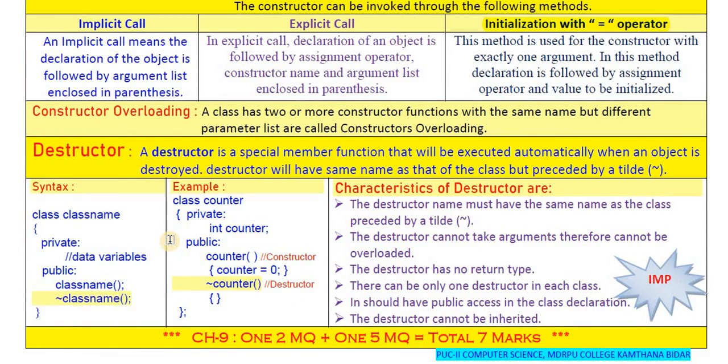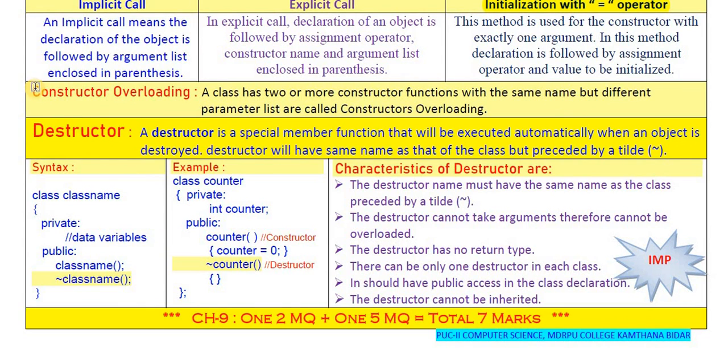Okay, then constructor overloading. So what is constructor overloading? Already we know what function overloading is. Function overloading means two or more functions having the same name but different parameters are called overloaded functions. In the same way, a class having two or more constructor functions with the same name but different parameter lists is called constructor overloading.